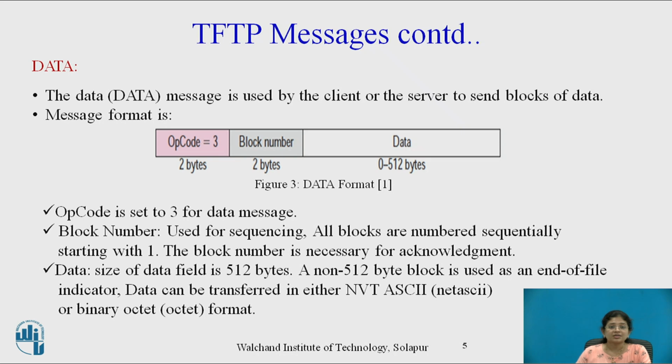The block number is necessary for acknowledgement. Then the third field is the data field. The size of the data field is 512 bytes. A non 512 bytes block is used as an end of file indicator. Data can be transferred in either NVT ASCII or binary octet format.